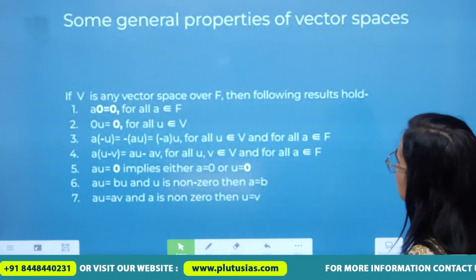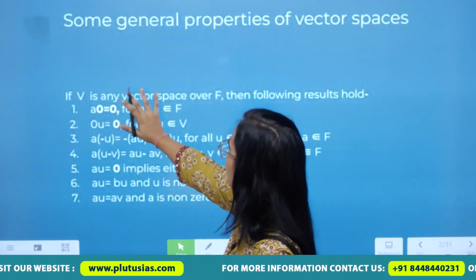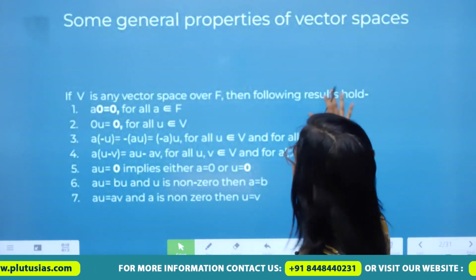After that, we have seen some of the properties, and I have taken that slide here. What were the properties? If V is any vector space over F, then the following results hold.